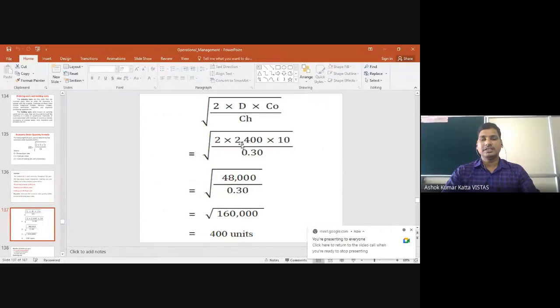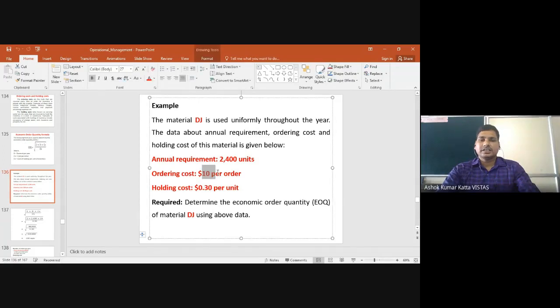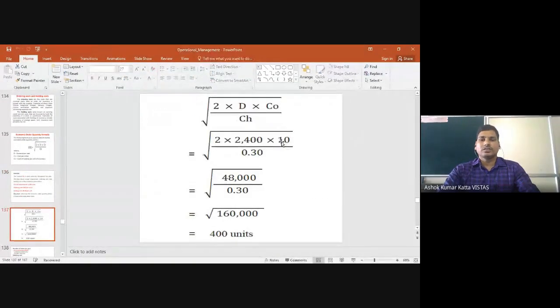So D means annual demand, 2,400, into CO. CO stands for ordering cost. Ordering cost is 10. Holding cost is 0.30. So ordering cost 10 by holding cost 0.30.